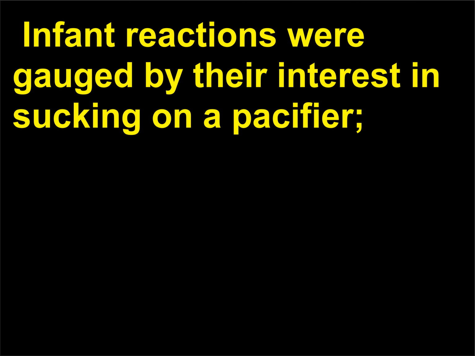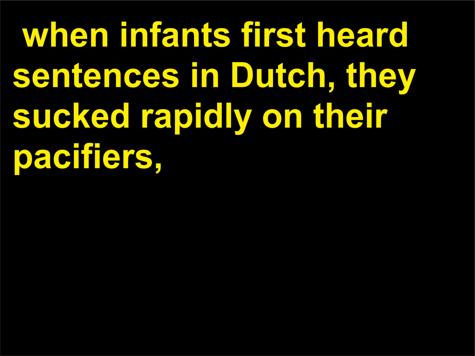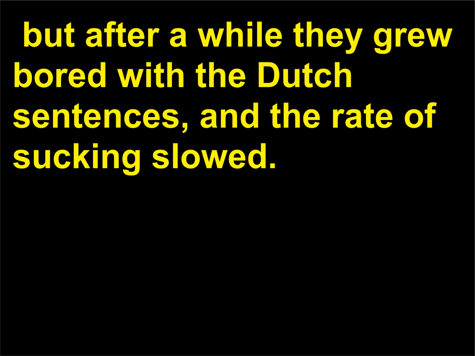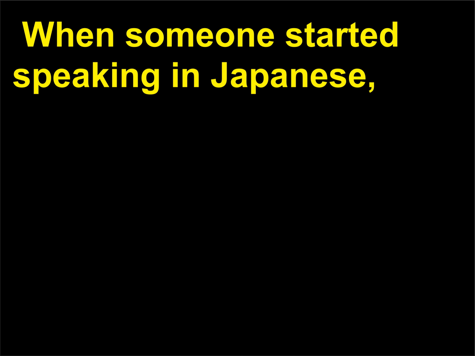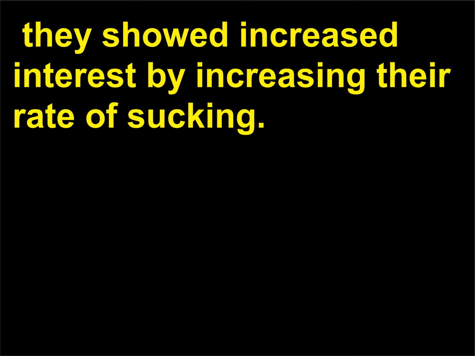Infant reactions were gauged by their interest in sucking on a pacifier. When infants first heard sentences in Dutch, they sucked rapidly on their pacifiers. But after a while they grew bored with the Dutch sentences, and the rate of sucking slowed. When someone started speaking in Japanese, they showed increased interest by increasing their rate of sucking.